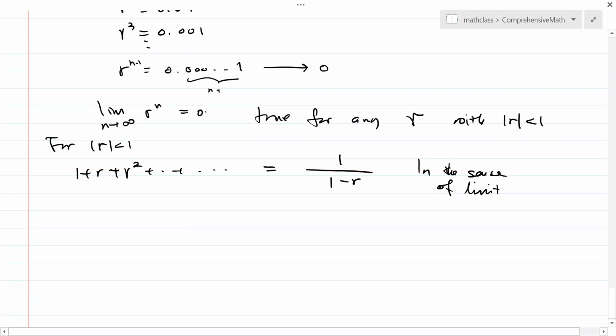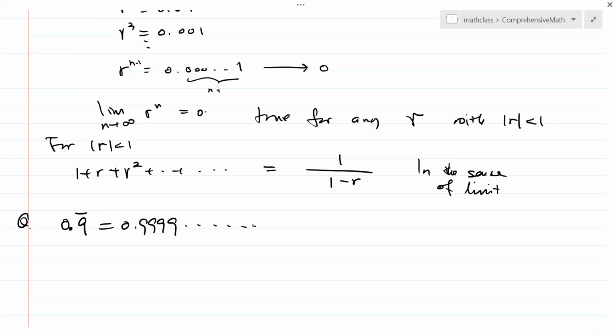So let's take a look at the next problem we discussed before. Let me repeat again. 0.9 bar, that's a typical problem. 0.9 bar is going to be 0.999, according to this notation, with infinitely many digit 9s. Now we can have a better understanding of this.